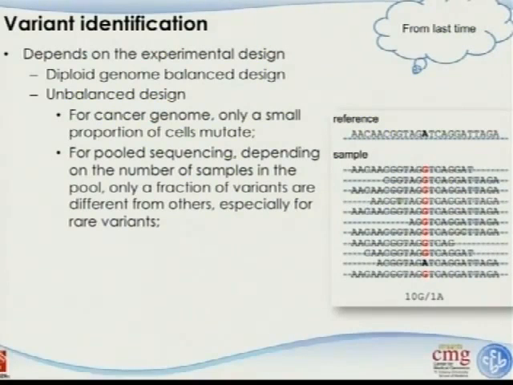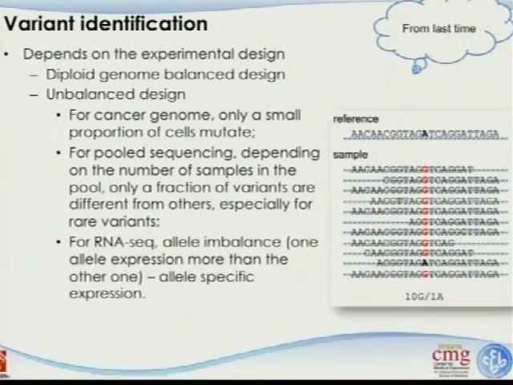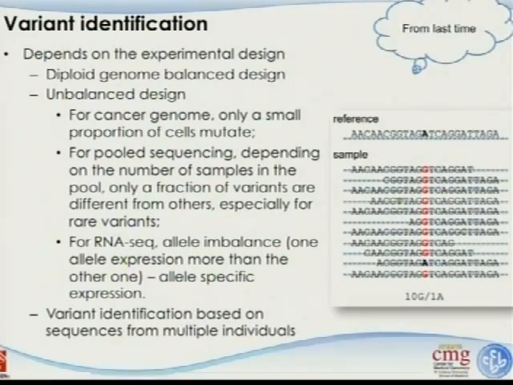Only a fraction of reads are different from others, especially for rare variants. So possibly 1/10 of the people in this pool have this variant. And for RNA sequencing, there can also potentially be two alleles whose expression levels are different, and that causes this kind of imbalance.